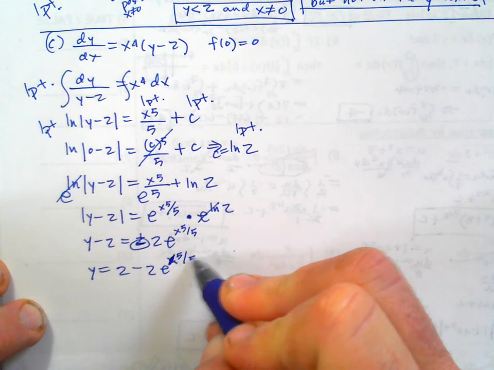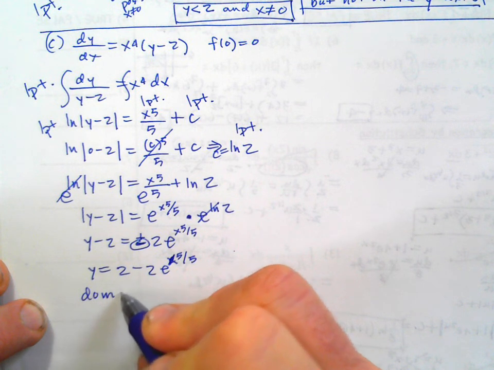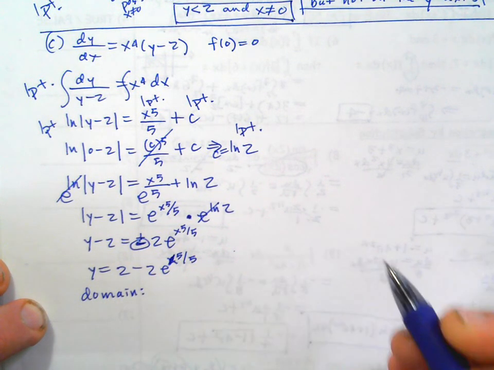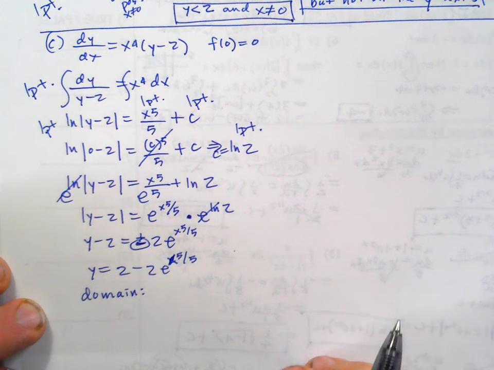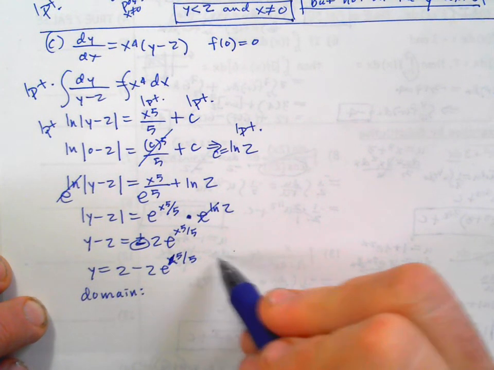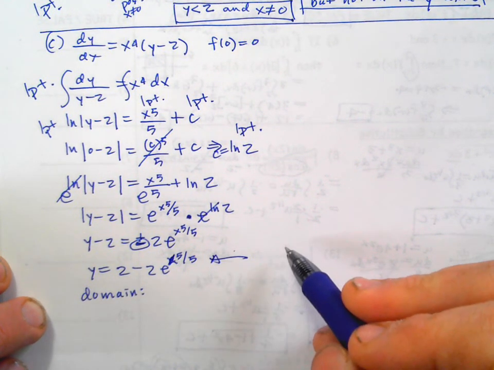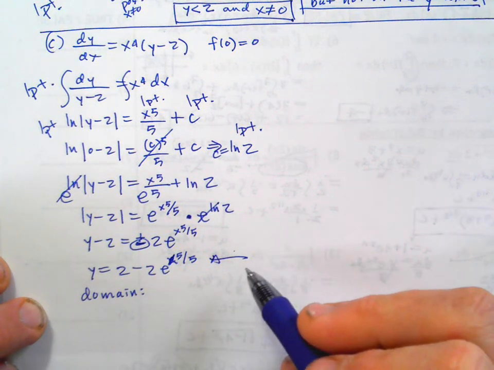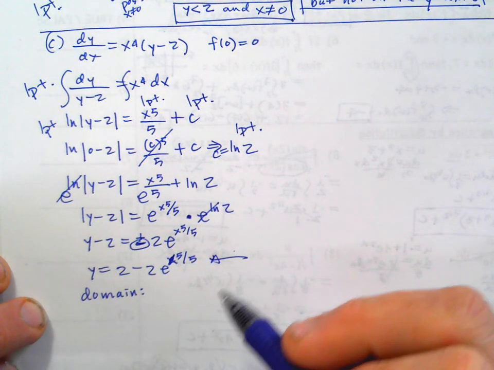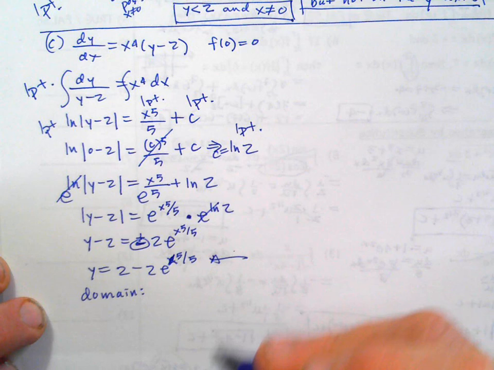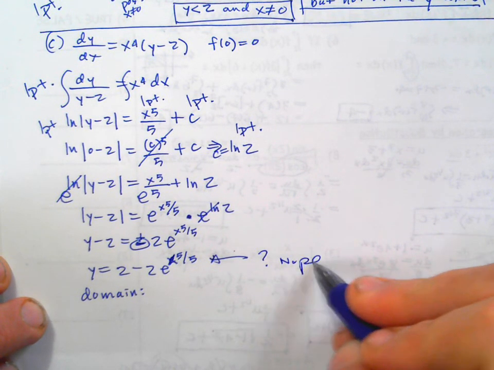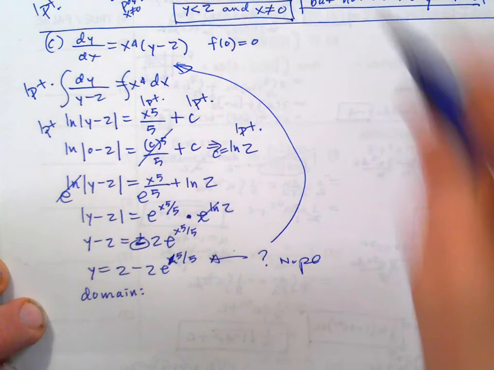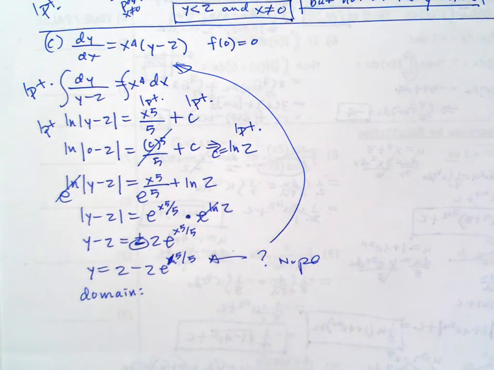And of course, we always need to include the domain on these kinds of problems, these free response solutions to differential equations. And there's two issues. There's here, are there any values of x that cause that to be undefined, division by 0, even root of a negative, natural log of a negative or 0? Nope, nothing there. And then we also need to look up here at the original derivative and see if the derivative is ever undefined.